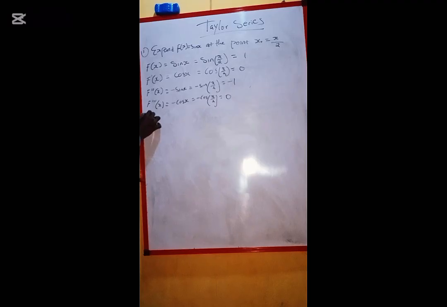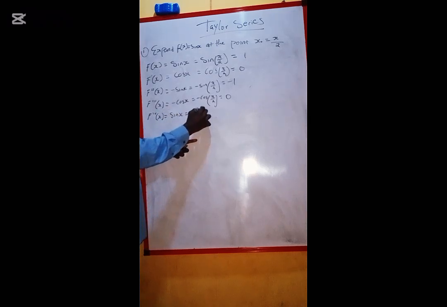Then the fourth derivative equals sin x, which equals sin of pi over 2, equals 1. It depends on your question; in an objective exam they might ask you to find the fifth or sixth derivative. So let's stop at 4.